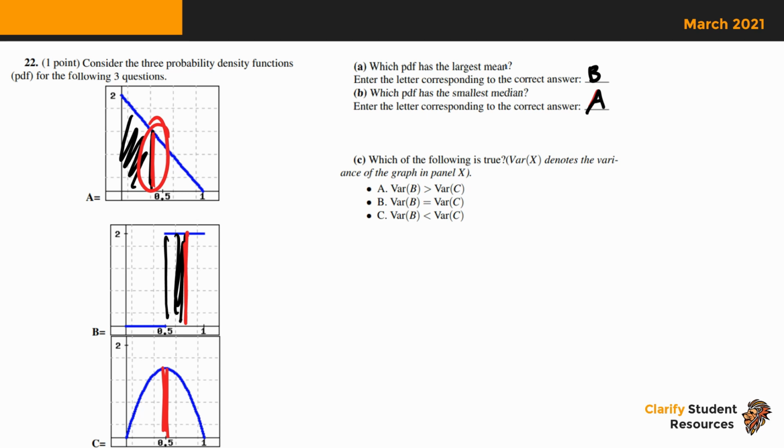Another way of thinking of it is we can look at where the values lie. If we look at C, C is pretty spread out, and if we compare with B, B is a lot tighter in. So we could say that the variance of B is less than the variance of C. So that would probably be C there.